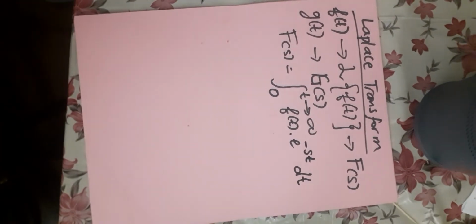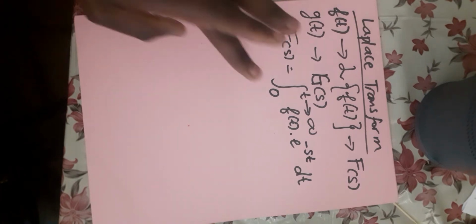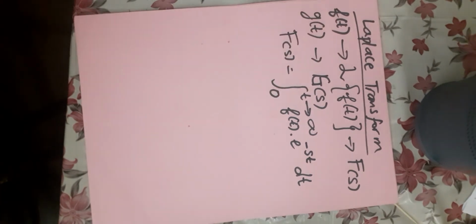So for you to solve Laplace transform, you need to know integration. It's not any kind of integration, it's a definite integration where you have the limits. And notice that it goes from 0 to t tending to infinity.